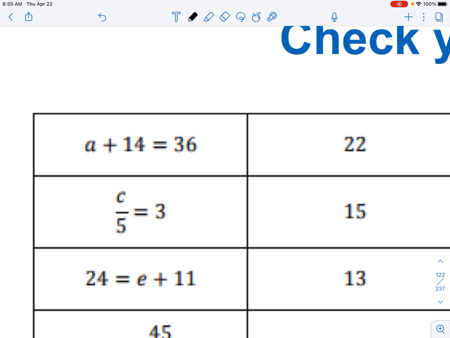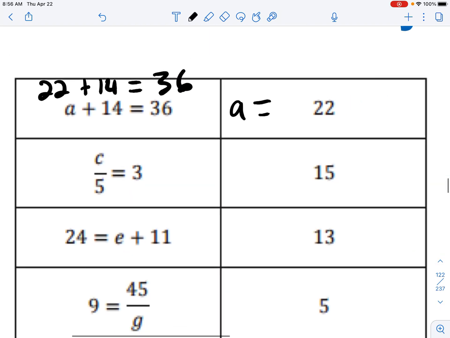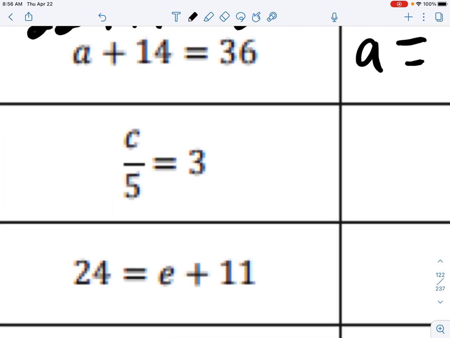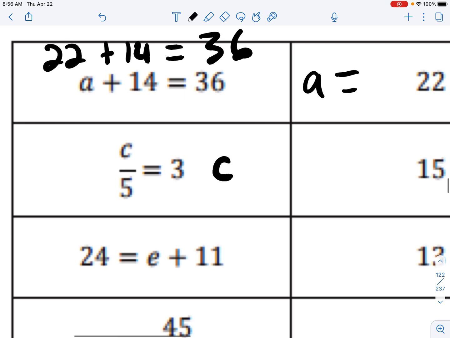Obviously a equals 22 because 22 plus 14 is equal to 36. Now let's look at the next one. c over 5 is equal to 3. So what divided by 5 is equal to 3? c equals 15. 15 over 5 is equal to 3.